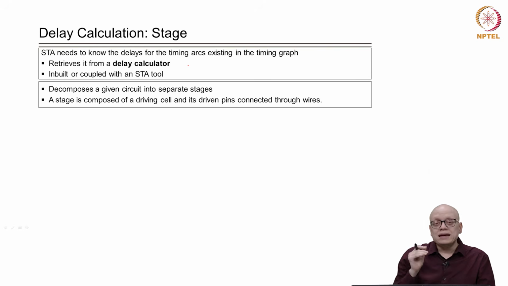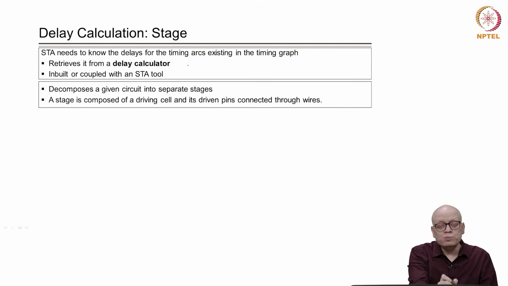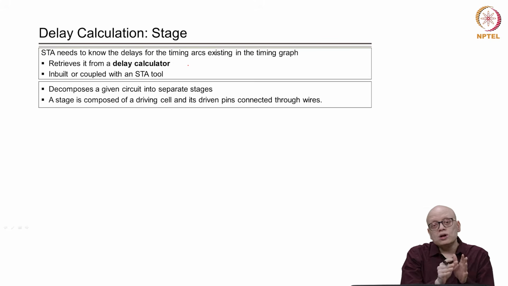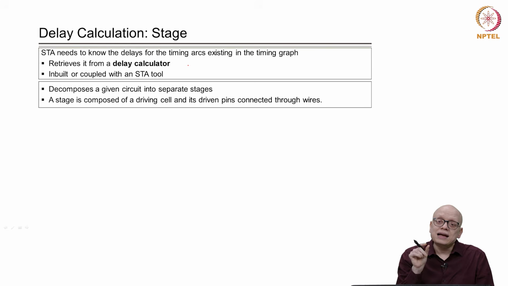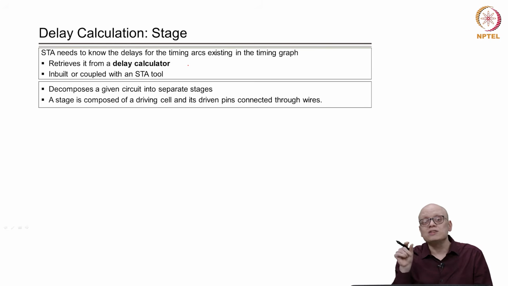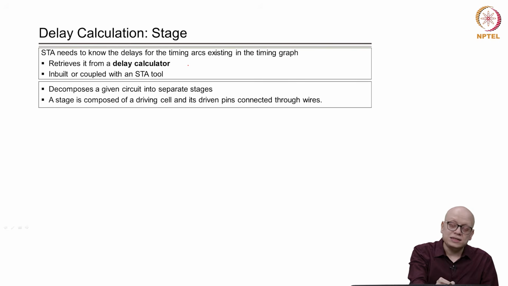It creates what is known as a stage for a small sub circuit of our design. So, it decomposes a large circuit into lots of small stages, and then delay calculation is done for each stage individually. Now, what does a stage consist of?